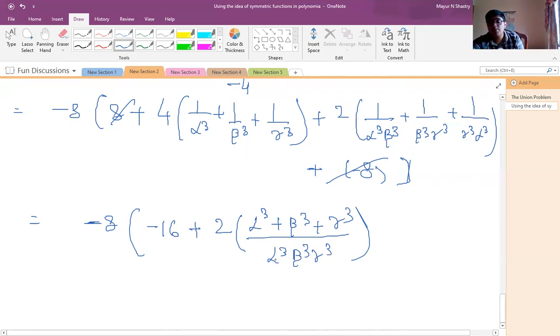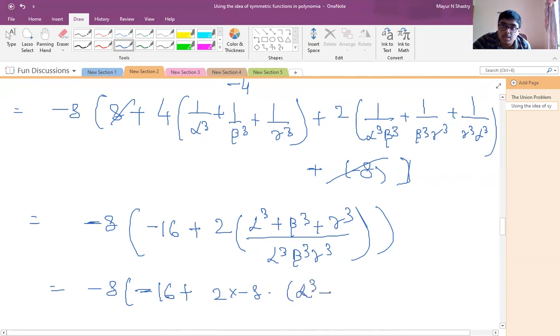So 1 by alpha cube beta cube gamma cube would be negative 8. So we can write it as minus 8 times (minus 16 plus, so 2 times minus 8 it would be, times (alpha cube plus beta cube plus gamma cube)).